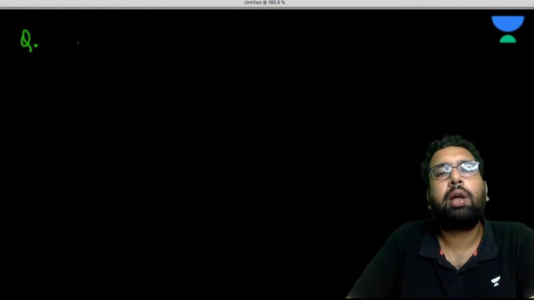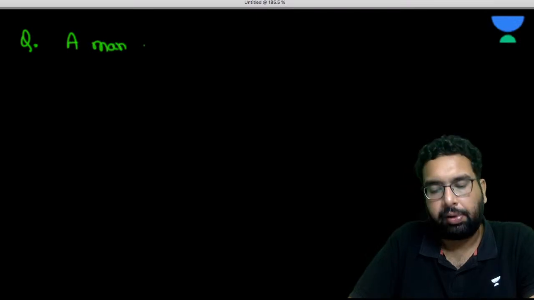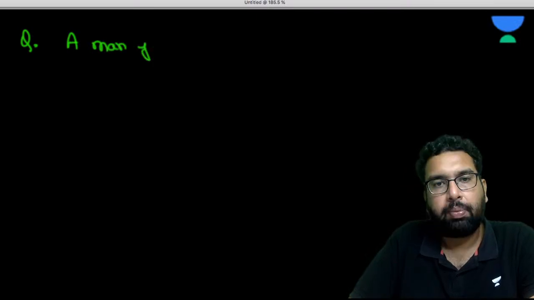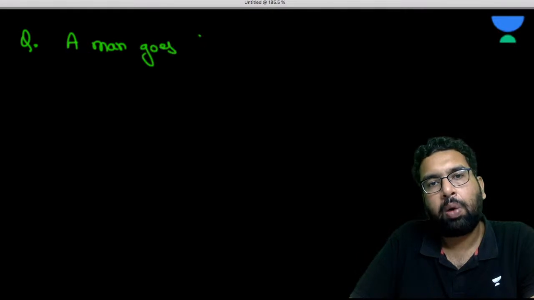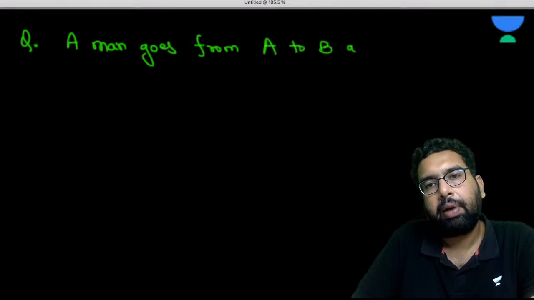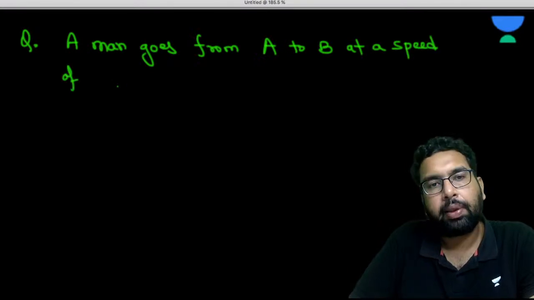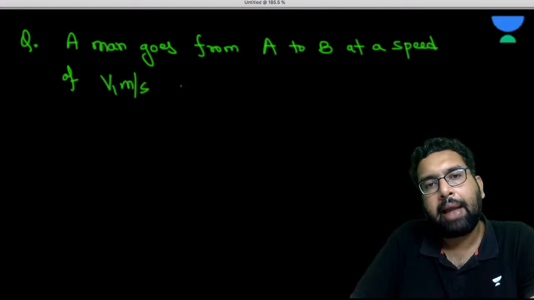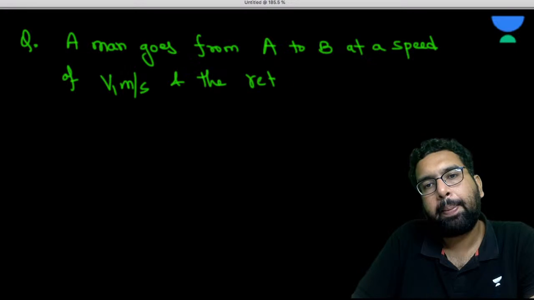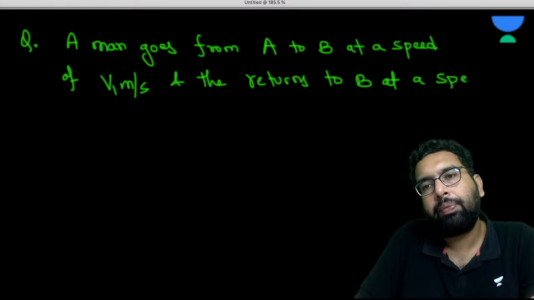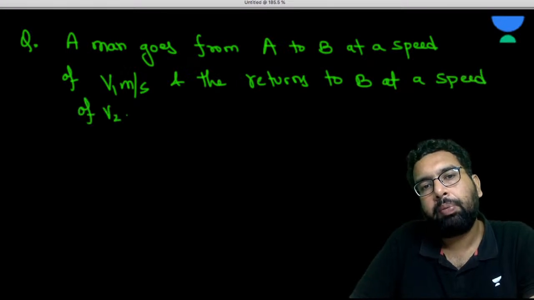So let's suppose a man goes from A to B at a speed of V1 meter per second, and then returns at a speed of V2 meter per second.